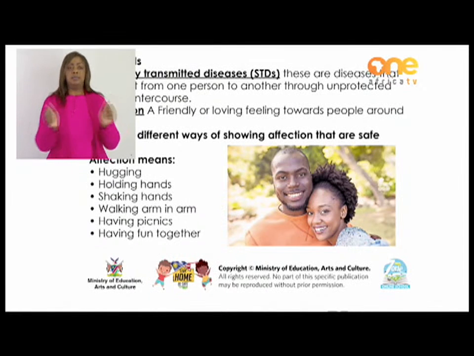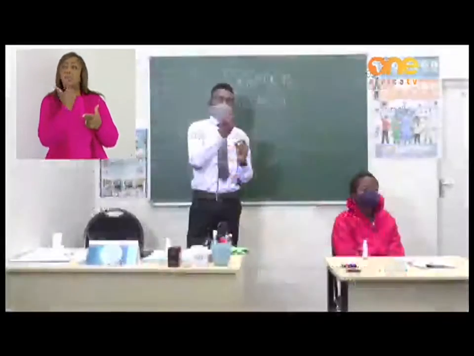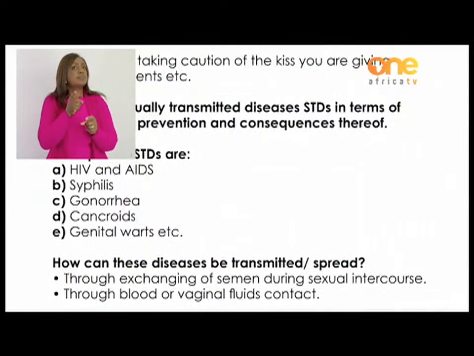But as you are kissing, you must take some caution, because if the person you are kissing has an open cut on his or her lips, and you also have an open cut on your lips, that might end up transmitting the virus.